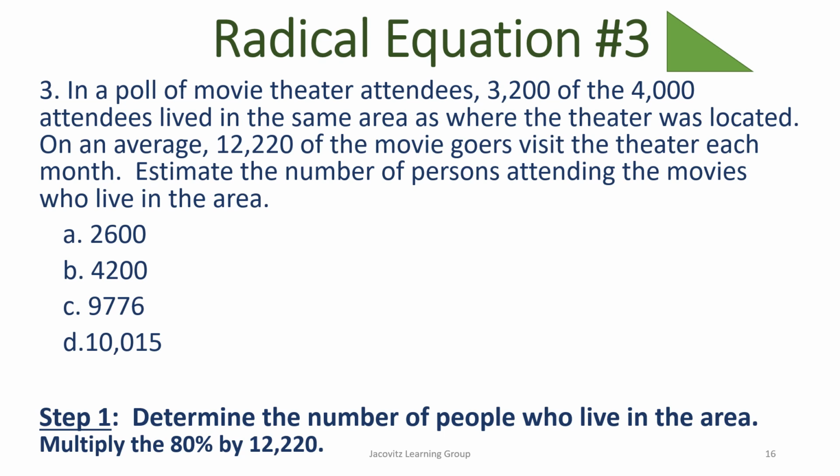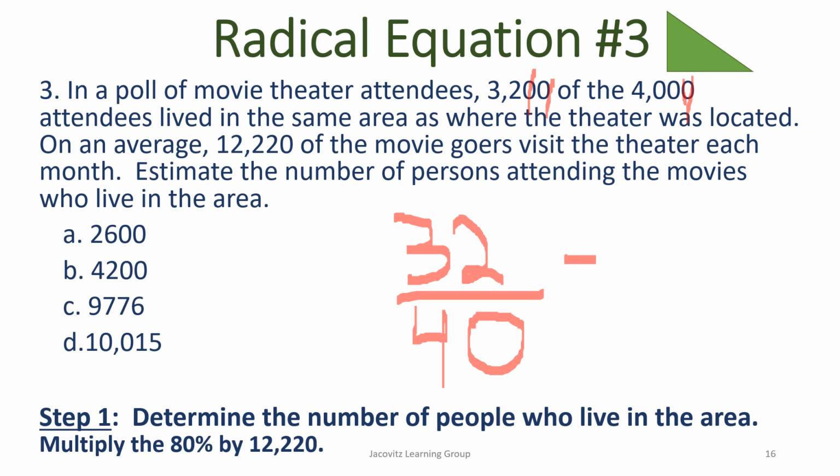So let's go ahead and do that. And it's 3,200 out of 4,000, but we can do 32 out of 40 because these zeros are extra. And so that's 32 out of 40, which we now get because 8 goes into both of these numbers.